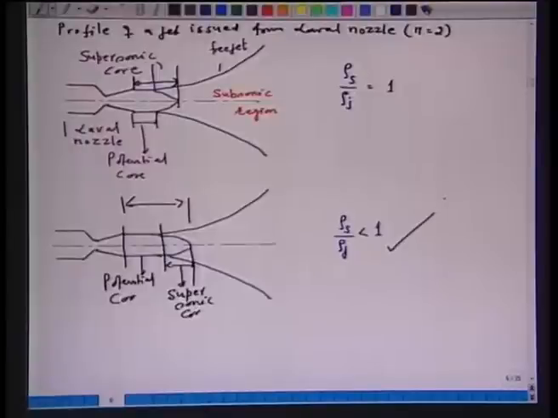As a result of the explanation which I have given for rho s upon rho j less than 1, what will happen for that jet? That means the potential core length of the jet will be much longer as compared to what I have shown for the density ratio equal to 1. This is what I illustrated in the next figure.